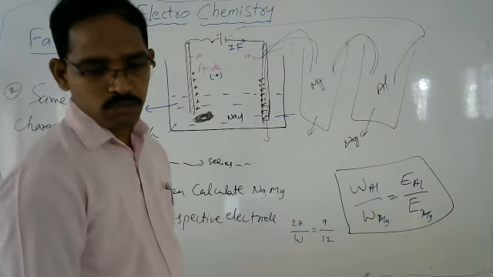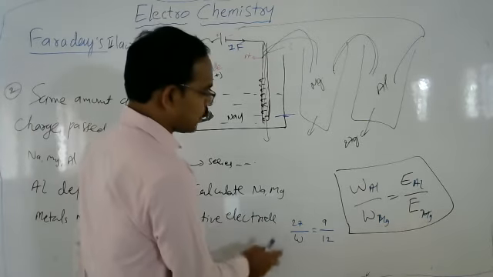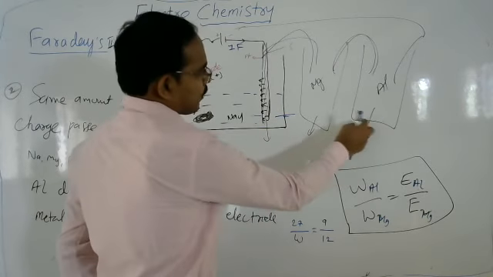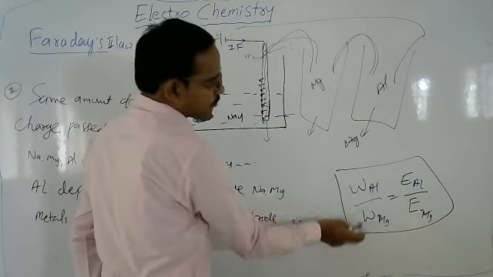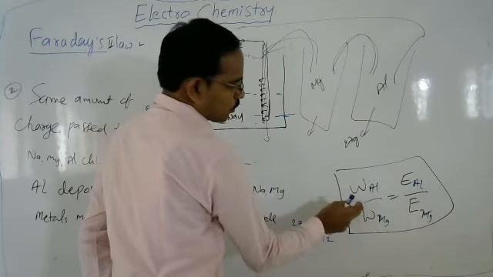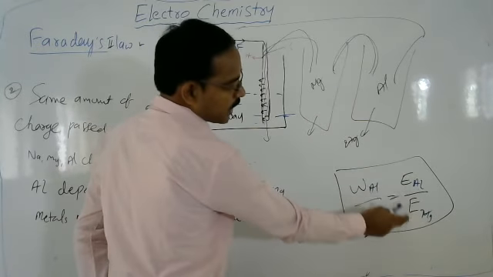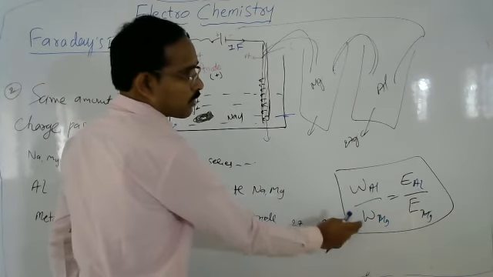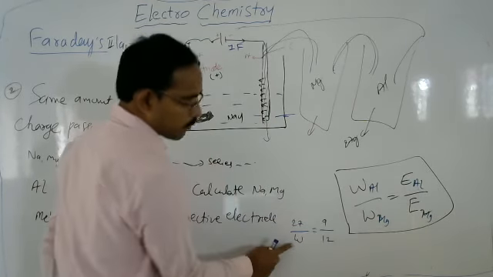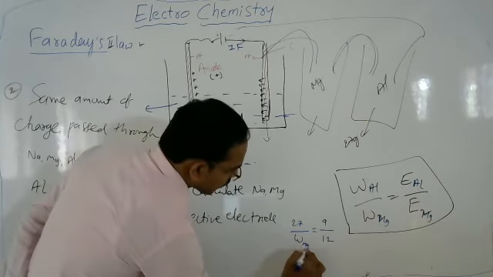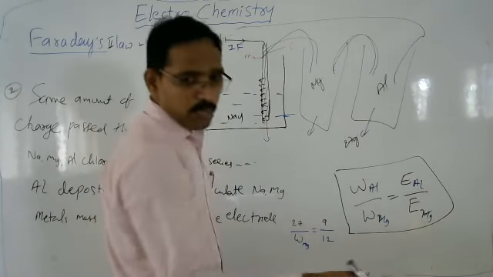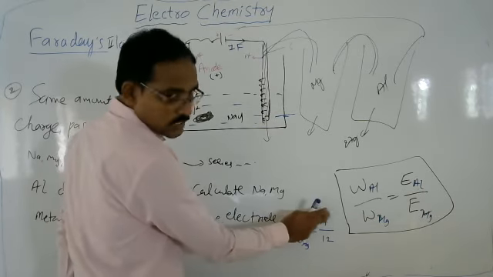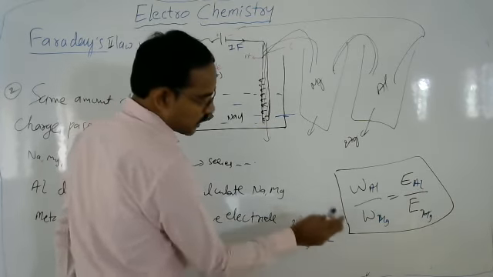Okay Prathamesh, you are good, but everyone needs to understand. What I'm doing here, I'm taking aluminum as 1 and magnesium as 2. So W1 by W2 equal to E1 by E2 is the formula. Now W aluminum upon W magnesium. W magnesium we don't know, that is what we are going to calculate, but equivalent mass we already know. Aluminum equivalent mass 9, magnesium equivalent mass 12.